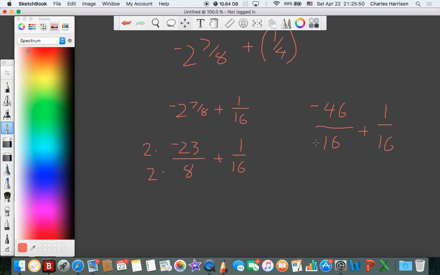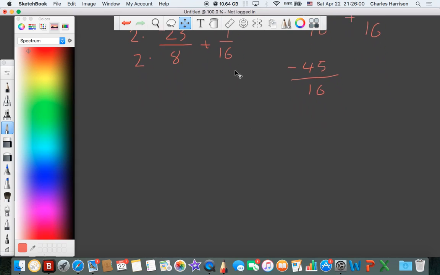Now, what we need to do is plus it, so we get a negative 45/16. And now we need to change it to a mixed number, because that's what they want us to do. So let's change it to a mixed number. So how many times is 16 going into 45?